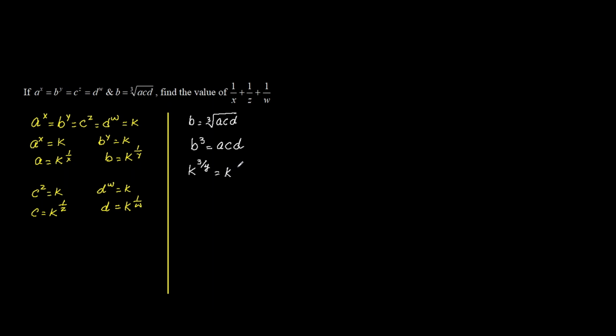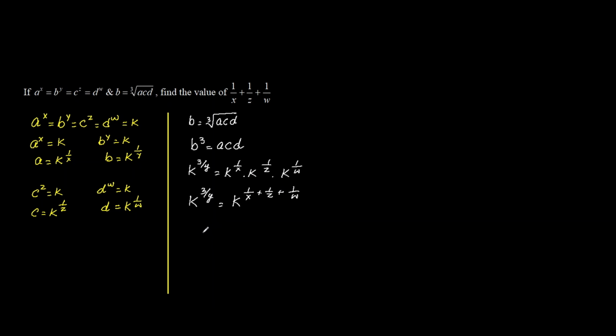k to the power 1 over x times k to the power 1 over z times k to the power 1 over w. Now this is k to the power 3 over y equals to, now a to the power m times a to the power n will give us, using the rules of exponents, 1 over x plus 1 over z plus 1 over w.